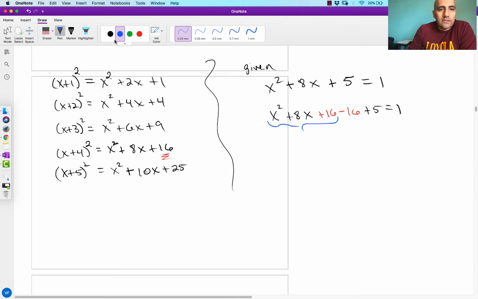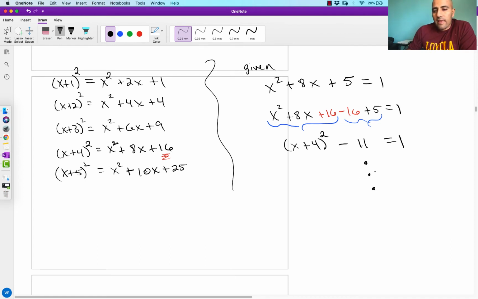That's going to turn into x plus 4 squared, and then I get to combine these last two into minus 11. Minus 11 equals 1.